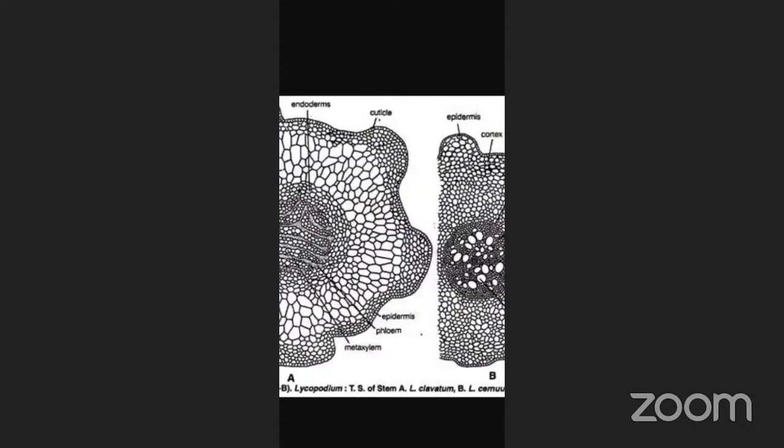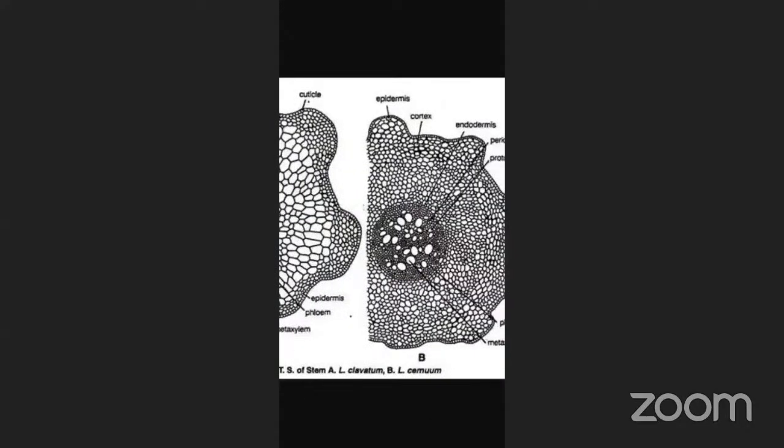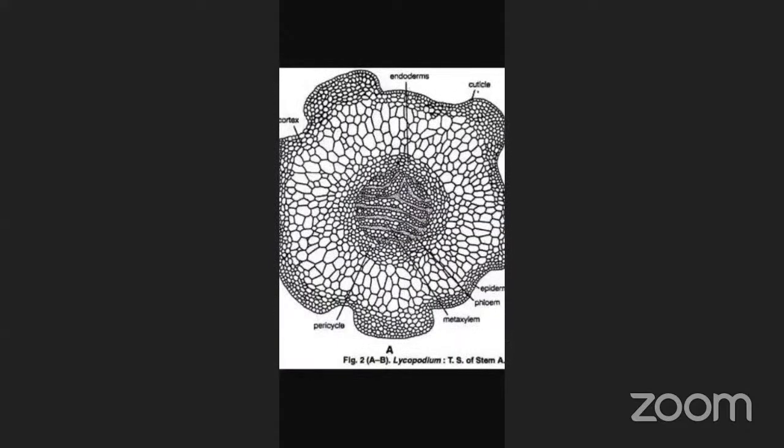Below the endodermis is the stele, which consists of 3 to 6 layers of thin-walled, rectangular cells at the periphery, forming the pericycle. The outer part of the stele is the pericycle, and the innermost layer of the cortex is the endodermis.